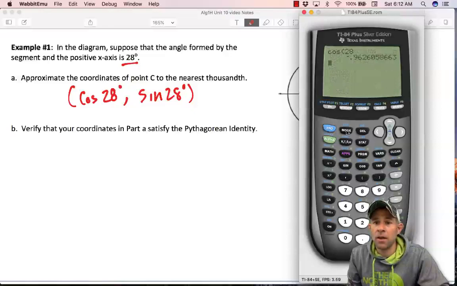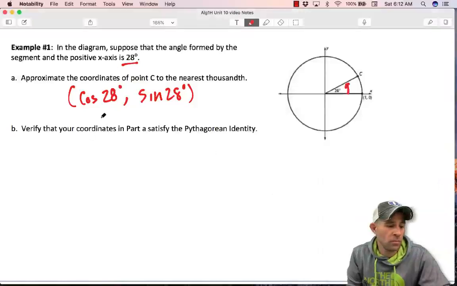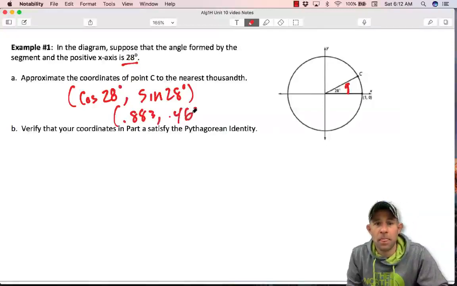And now you can go back and hit your cosine 28. And now you'll have your 0.883. And now we'll do sine 28. And that will give us our 0.469. So our coordinates here should be 0.883 and 0.469.